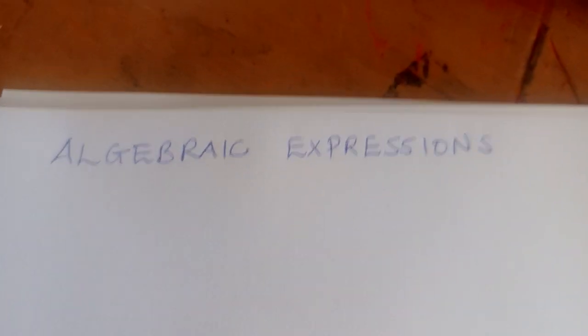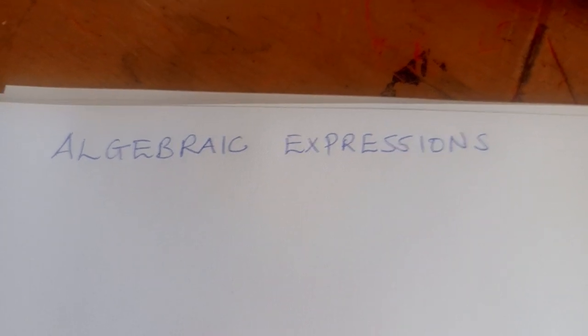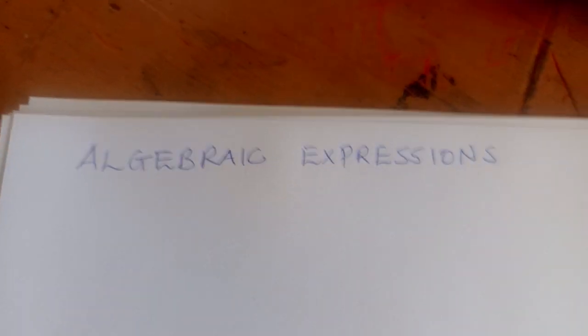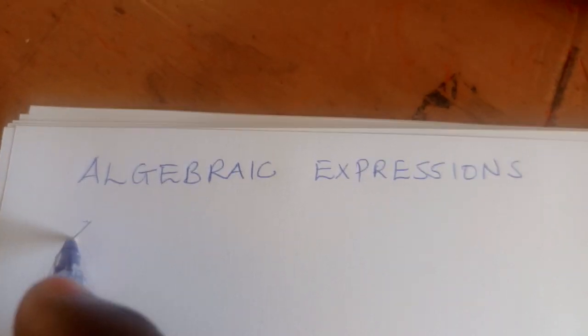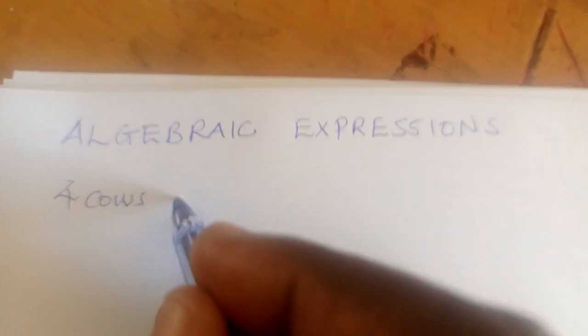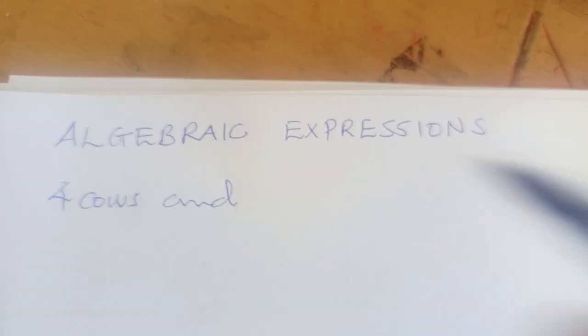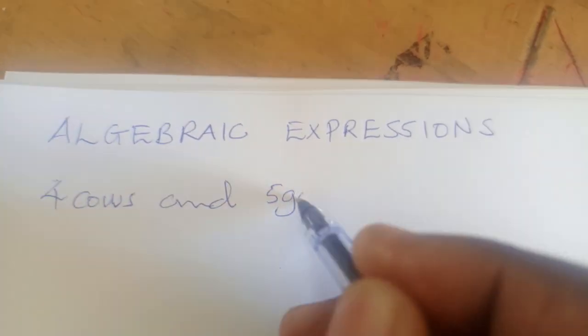For example, you could talk of, for instance, a farmer having four cows, and even let's talk of five goats.